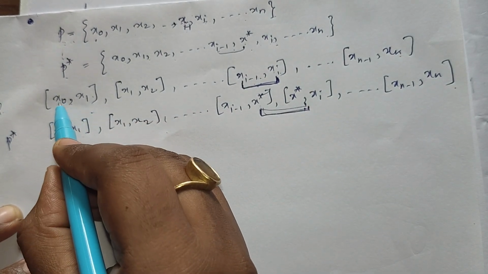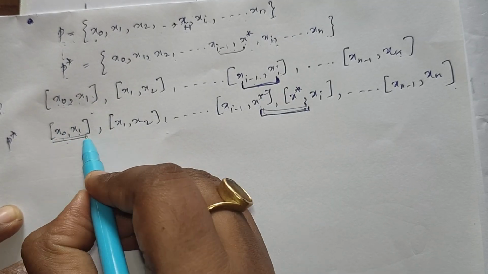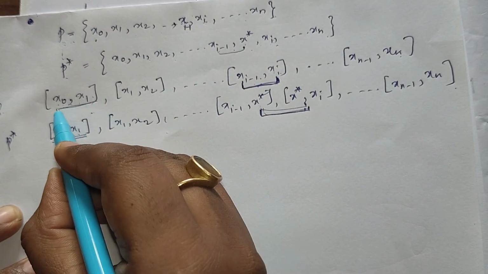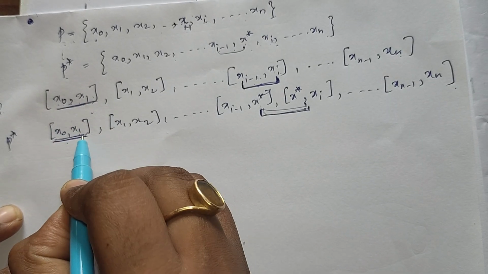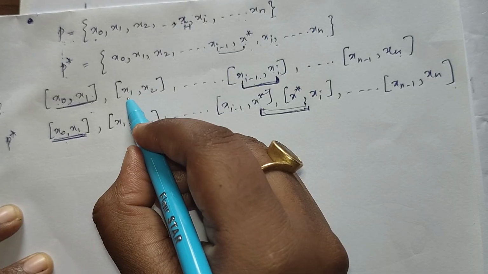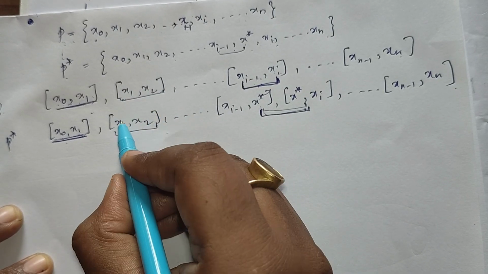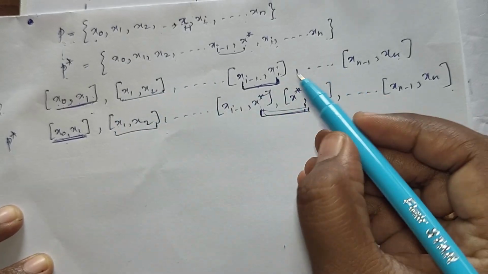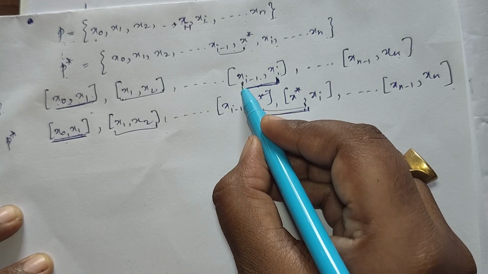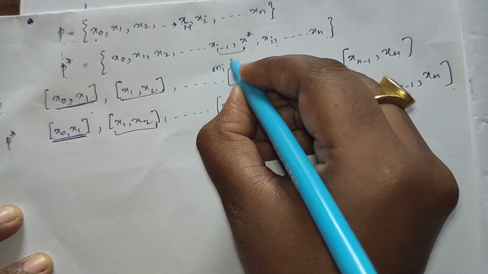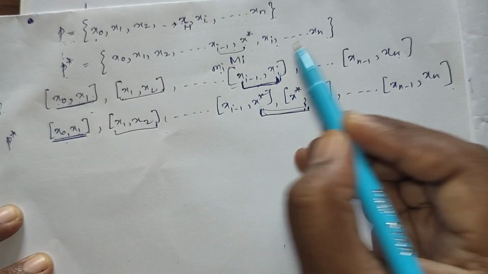Okay, and the infimum and supremum of this subinterval will be same as this one. Okay, so there will be no change. Infimum and supremum here will be same as infimum and supremum for this interval. And similarly, infimum and supremum of this interval will be same as this interval because there is no change. But here it will be changed. See here, here we are having small m i and capital M i as the infimum and supremum of this particular subinterval.